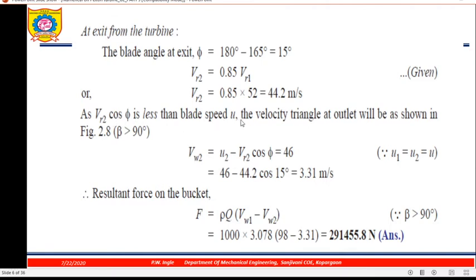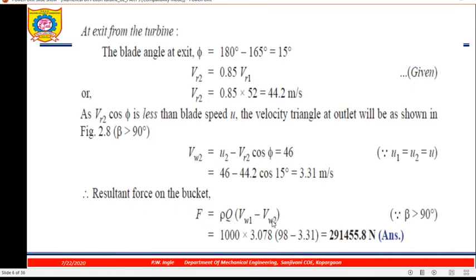If it is less than blade speed, then beta is greater than 90. So you are getting Vw2 as 3.31 meter per second. Otherwise, you can go on solving the problem. You will get Vw2. If you are getting minus value, put here minus. If it is positive, then positive. So there is no confusion.